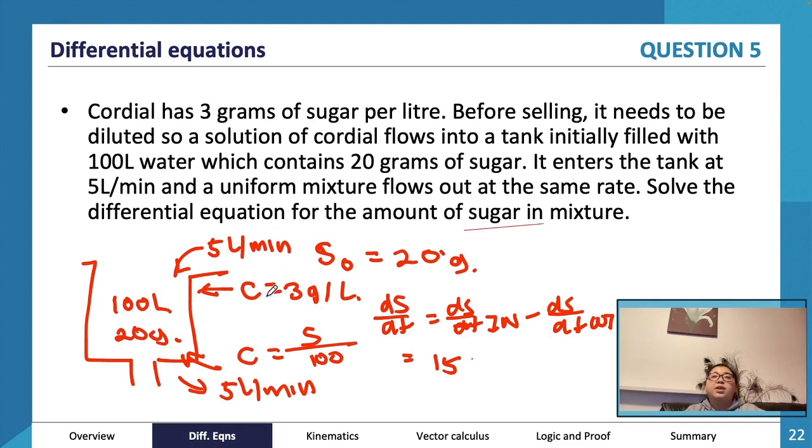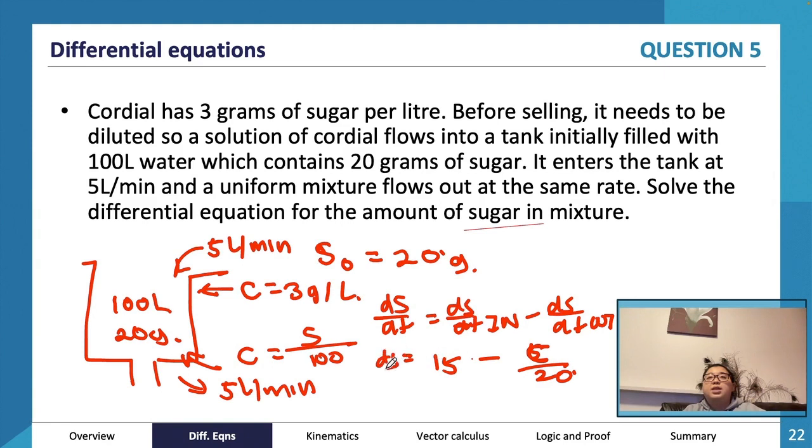You have your 3 grams per liter, and you have your rate of 5, so you have 15 grams going in. In terms of coming out, you're going to have your 5 times your S over 100, which is essentially going to just be S over 20 in terms of your amount.